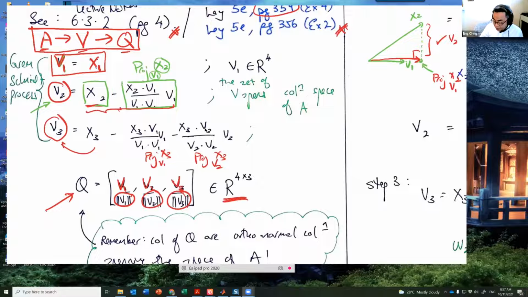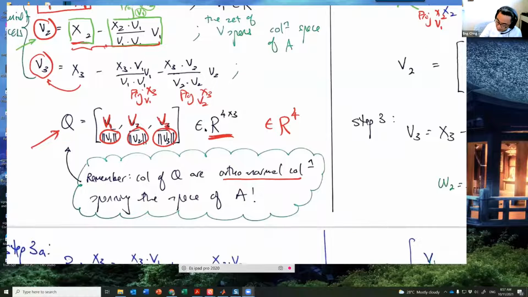And I get 3 column vectors belonging to R4. Each column is in R4. These 3 column vectors are orthogonal and orthonormal. So Q now is an orthonormal set spanning the column space of A.